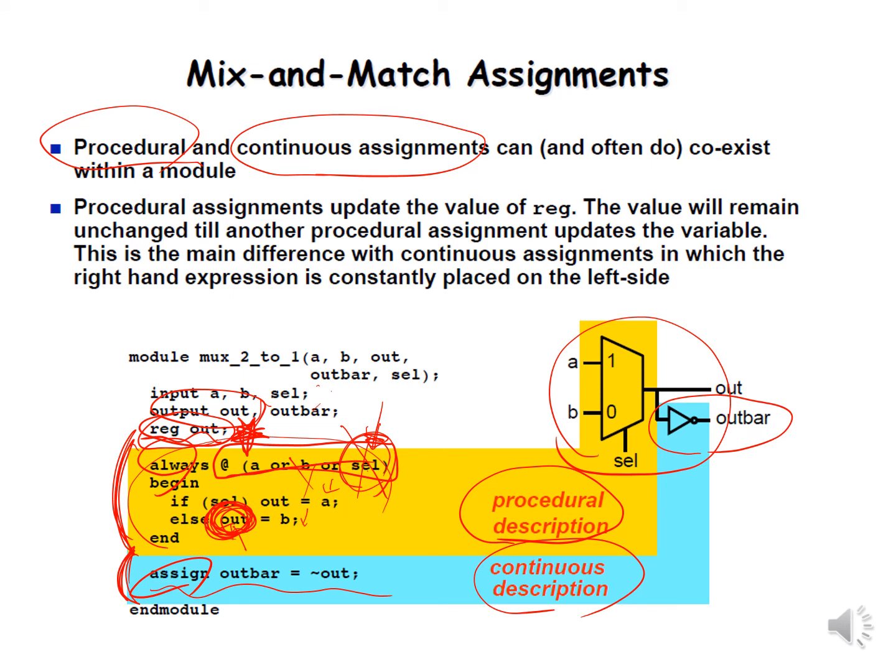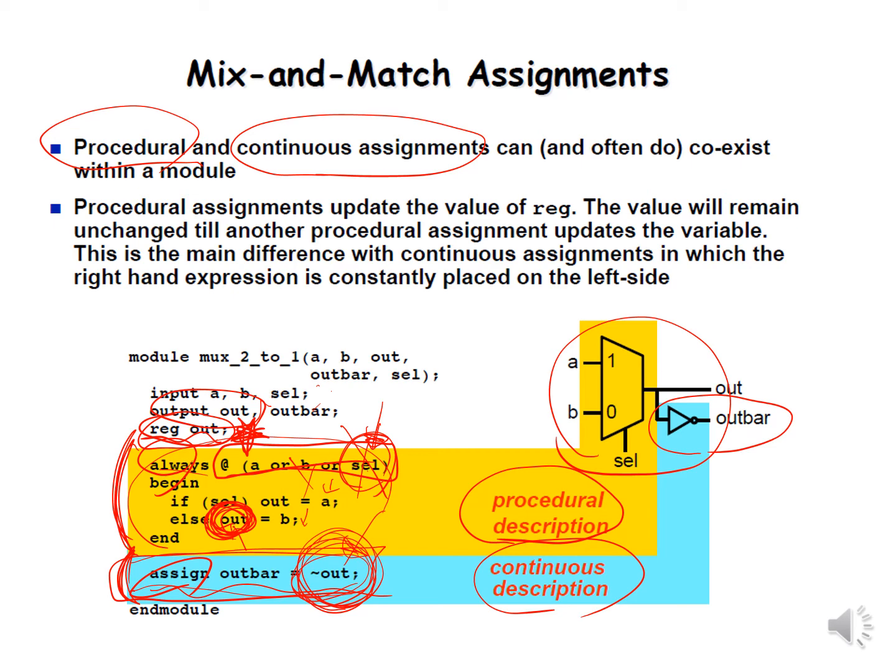In that way, the assign statement is easier to describe, because you don't need to describe any sensitivity list like in the always statement. By default, the assign statement is always evaluated whenever the right-hand side of the assignment changes, automatically.